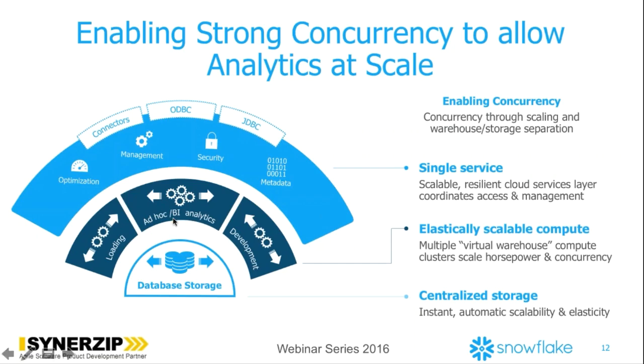And then you can have different warehouses for loading, ad hoc BI, development, whatever you need, if you want to push it out to sales. What this does is, for example, today you are developing your warehouse and it's limited to 10 users. Then tomorrow you want to serve it out to 30 people in marketing. You spin up another compute warehouse and you give access to the marketing folks. You do not have to stop your loading.